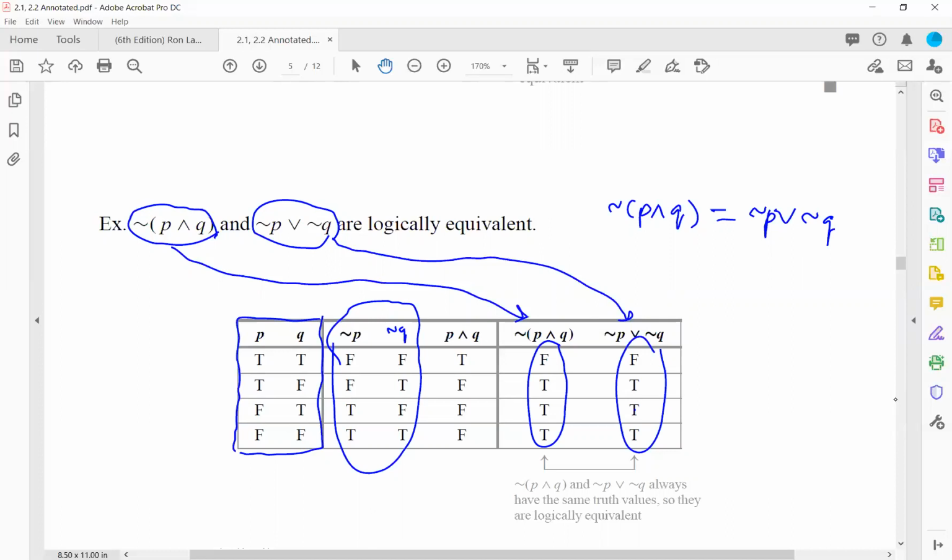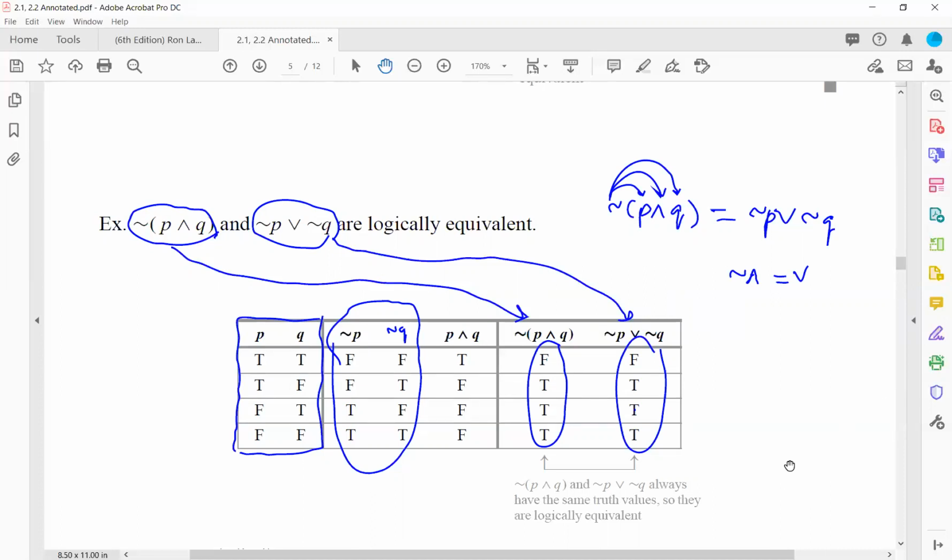It means that if you distribute negation over and, you get not P, the negation of and is or, not Q. We call this De Morgan's law.